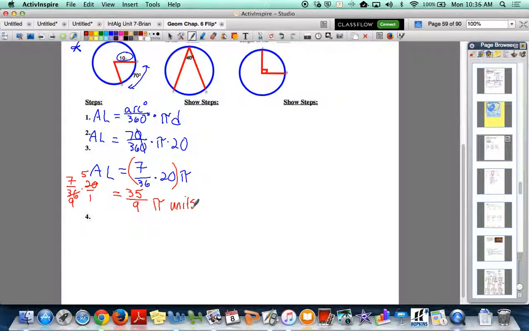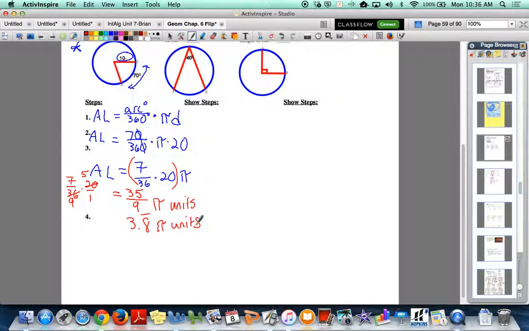Some of you guys are probably bothered just by leaving your answer in terms of pi here at 35/9. Maybe you are liking a decimal version of the fraction just a little bit better. So if I take 35 divided by 9, I get 3.8 repeating pi units for my arc length.